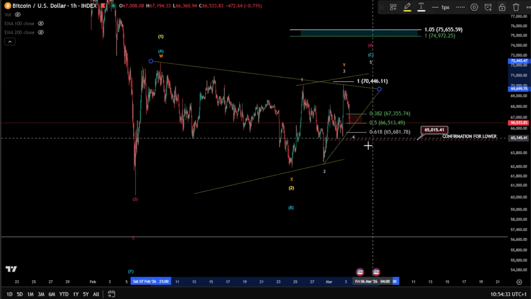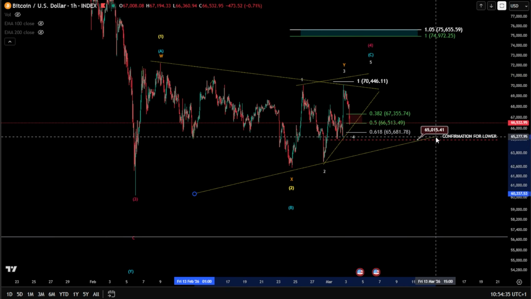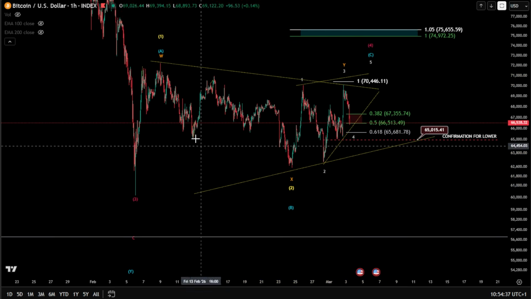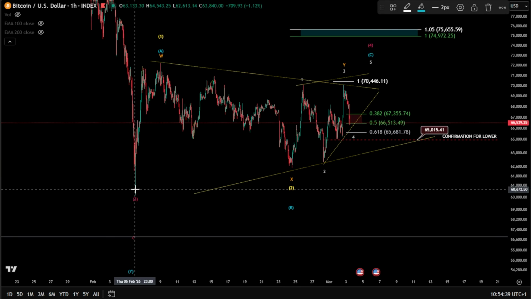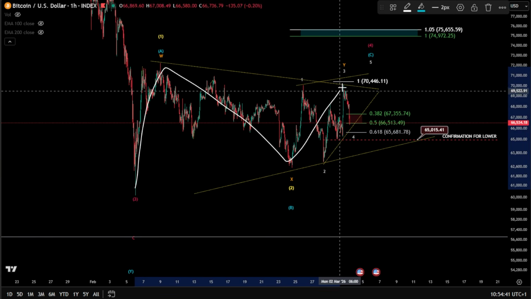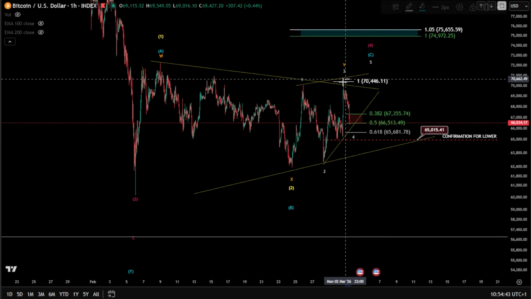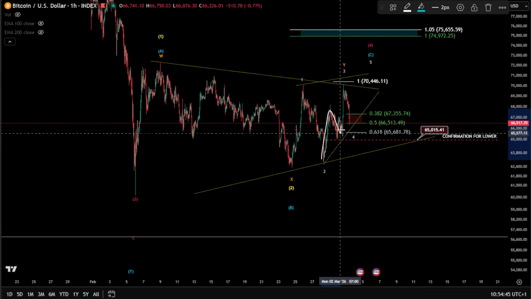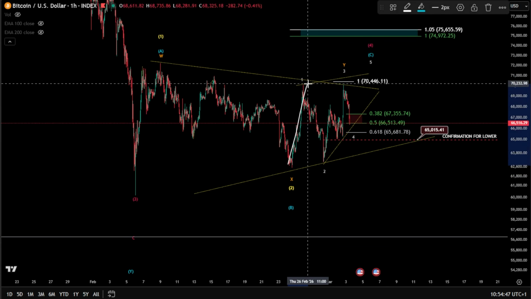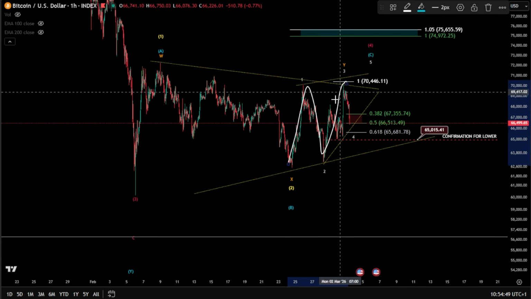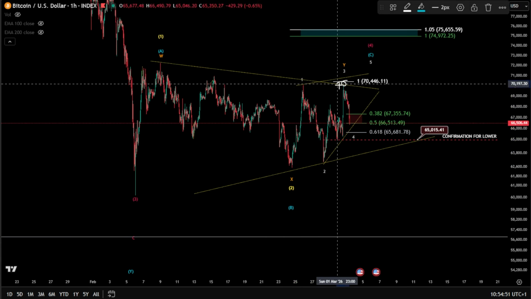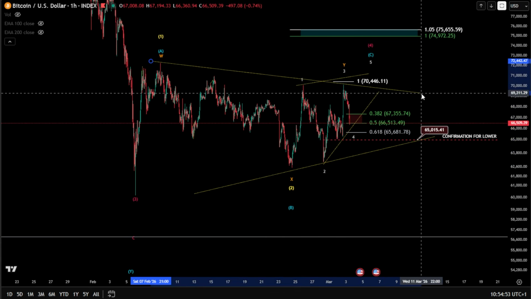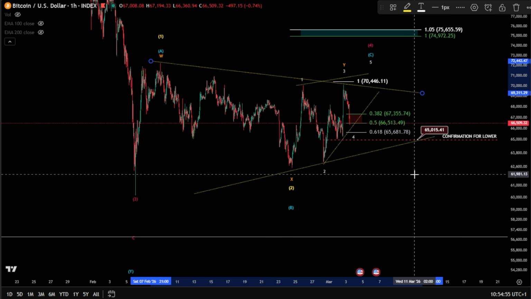Now, also another possibility, unfortunately, it's a lot of possibilities there, is a triangle, meaning an A, B, this is your wave C, but I doubt it, because it's a kind of 3 waves, meaning WXY for a wave C because you took the high also. So the triangle is starting to get a very low possibility.